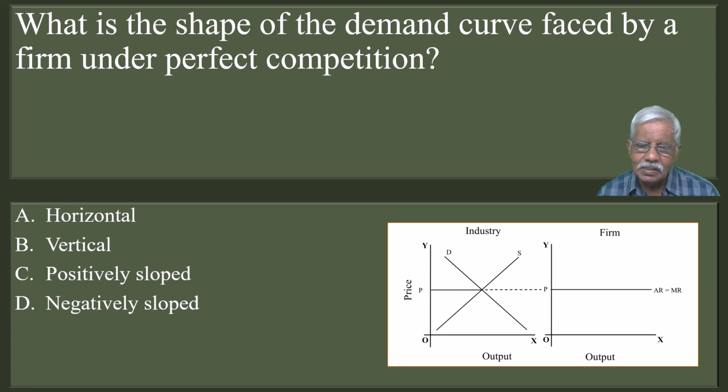Firm takes the price. Firm is at liberty to produce any output and sell it in the market. Its AR curve is horizontal, parallel to x-axis, perfectly elastic. Its demand curve is horizontal. AR curve is the demand curve. It is horizontal. Option A is the correct option.